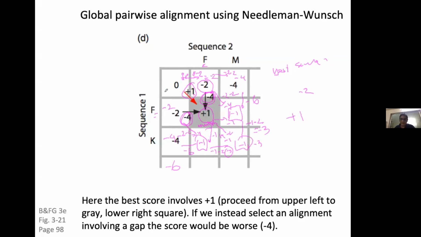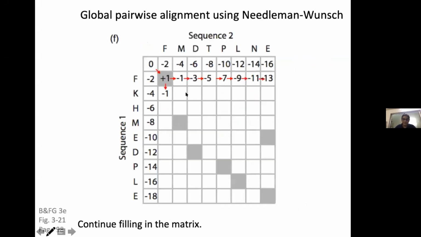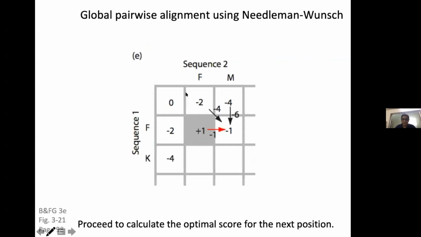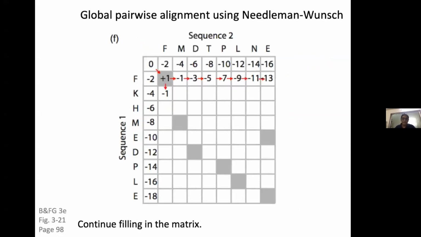Now the trace back. Trace back means this minus 1 came from where? It came from here, and this value came from here. This is from 0. So you trace that back. If you look here, this is a minus 4 coming from here, minus 4 coming from here.